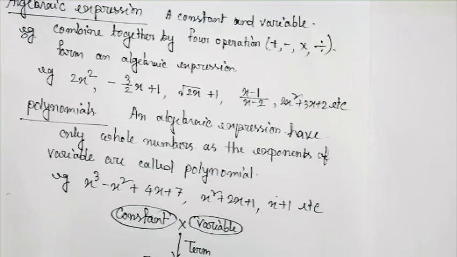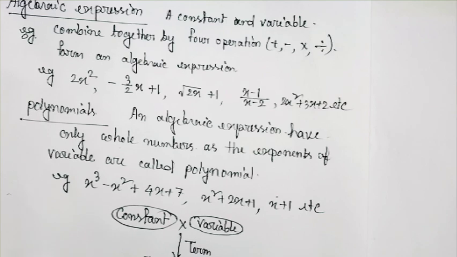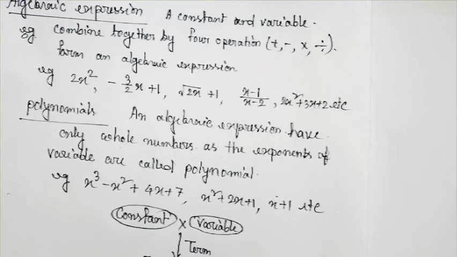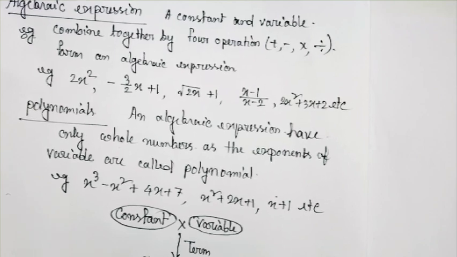So based on terms, a polynomial having only one term is called a monomial.